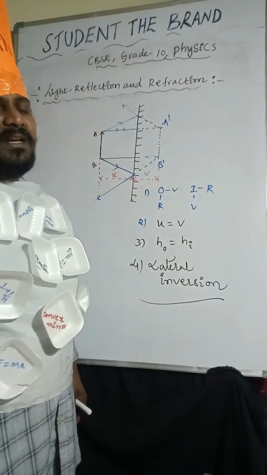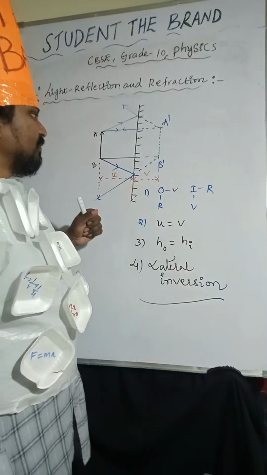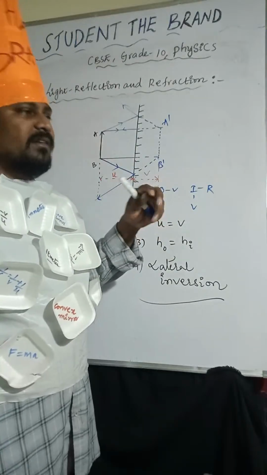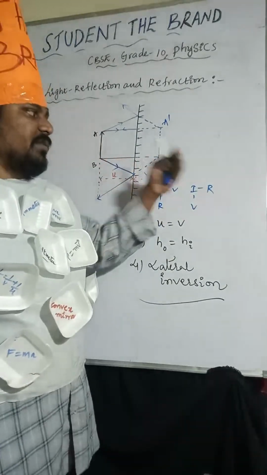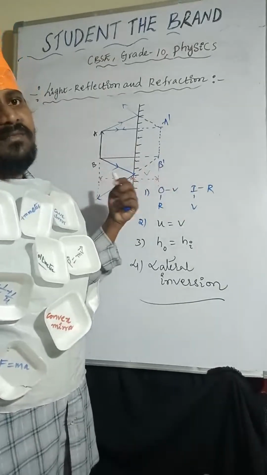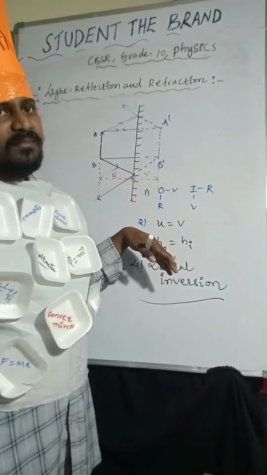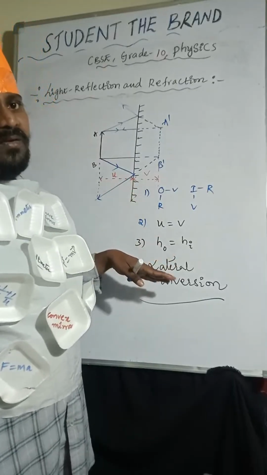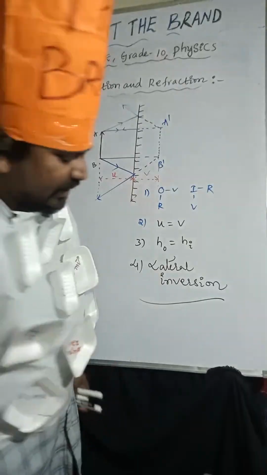This mirror image is called lateral inversion. You can observe the word ambulance written on the vehicle in mirror image. So if you see it in the rear-view mirrors in cars and bikes, we are able to read that word clearly. That is an example for lateral inversion. I hope it is very clear to you all, right? Yes. Next one.